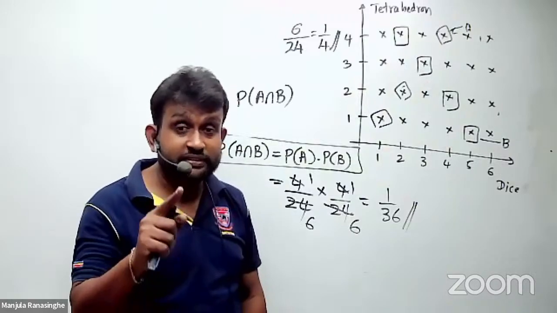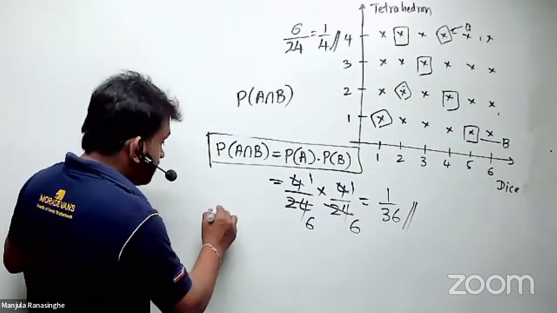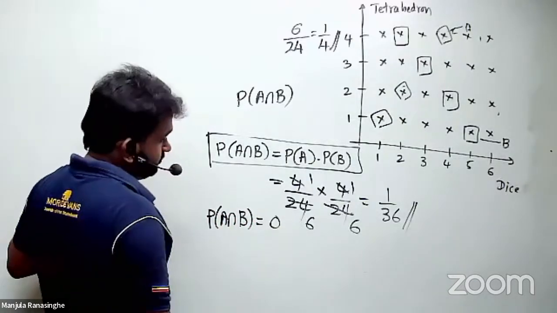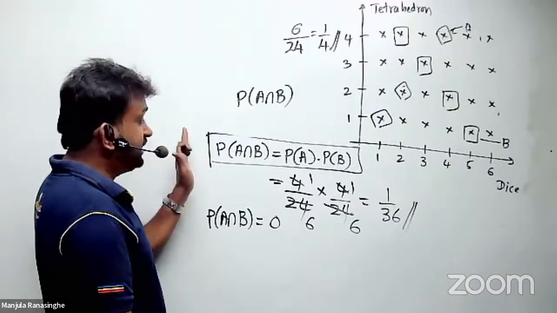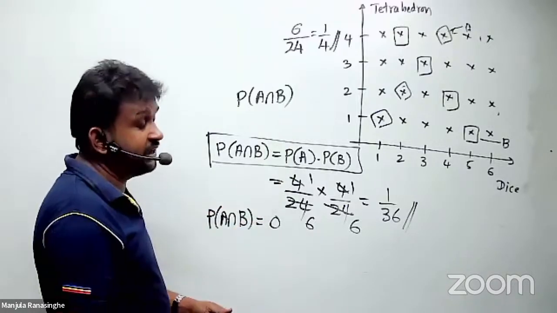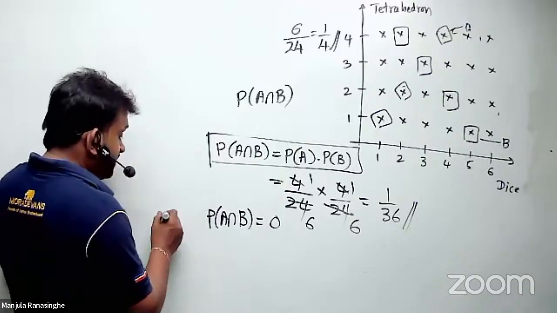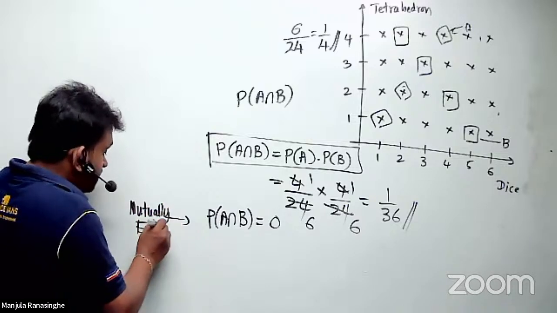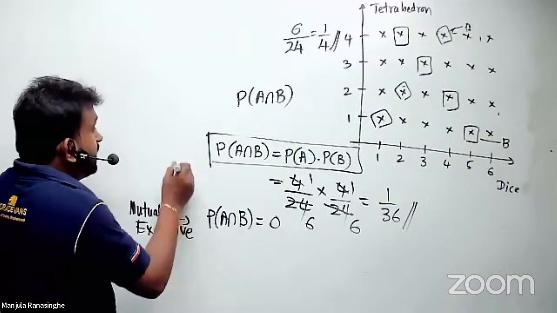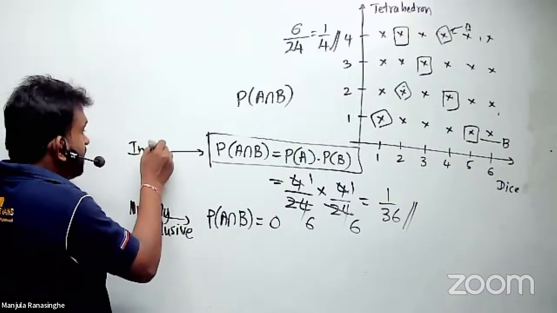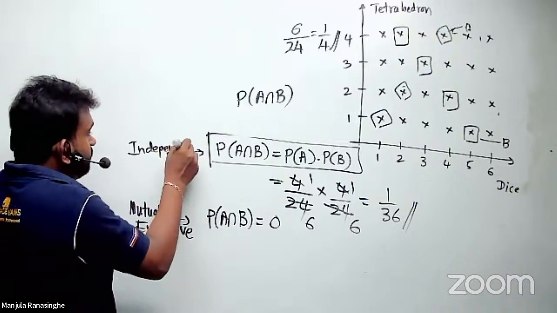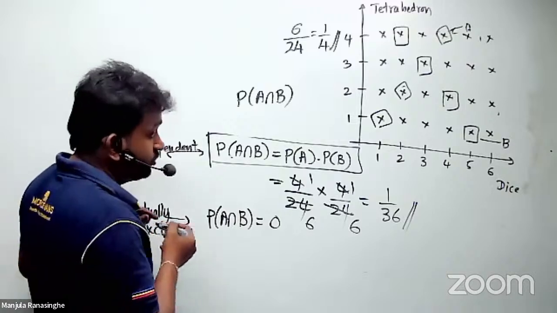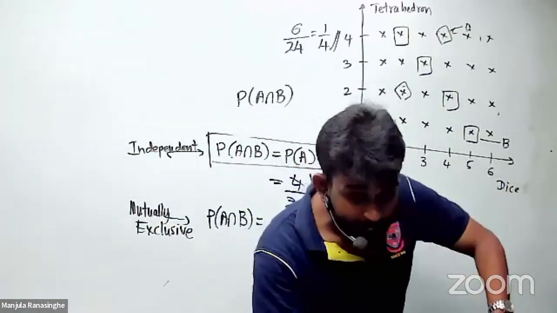For mutually exclusive events the intersection is zero, that means a null set. Independent events are different: P(A intersection B) equals P(A) into P(B). If they are independent, you can multiply the probabilities for finding A intersection B. Right, you can write it down.